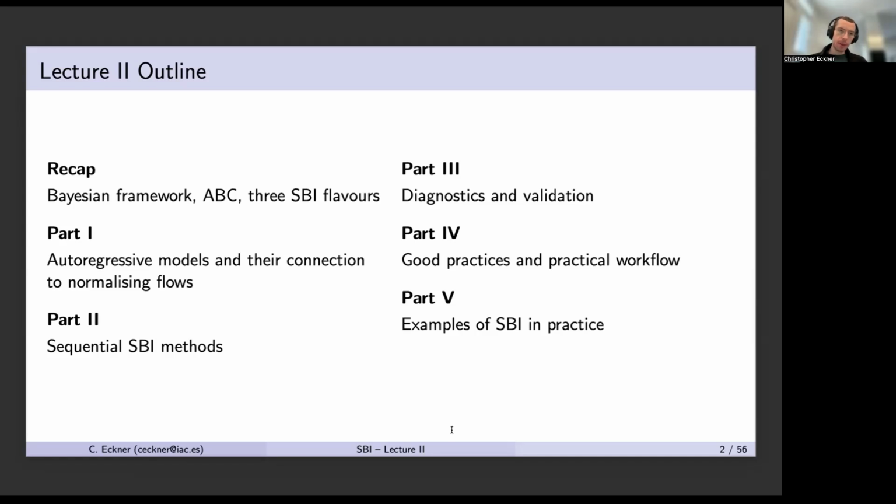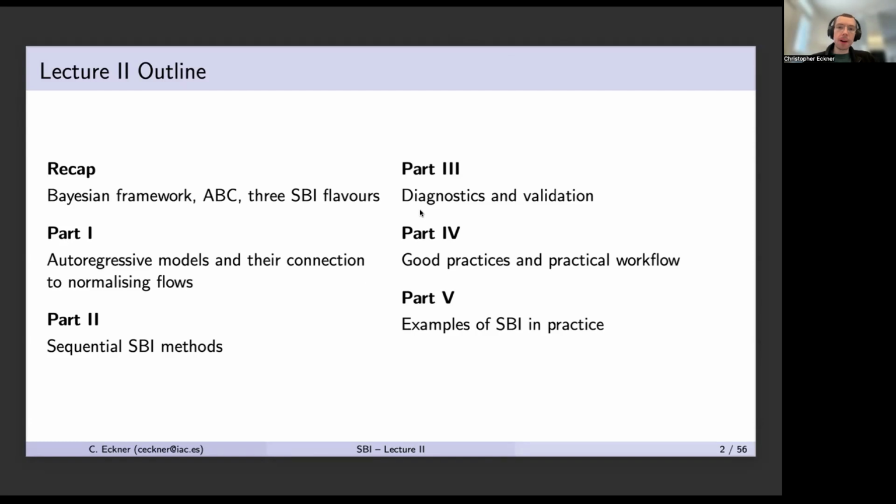Then the next section is about sequential methods of doing simulation-based inference, which is a particular implementation that is supposed to increase a bit the precision of your posteriors.